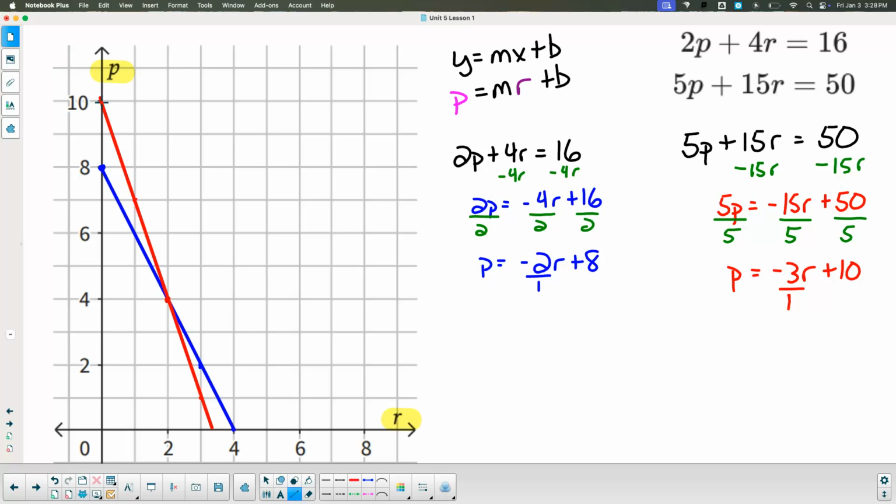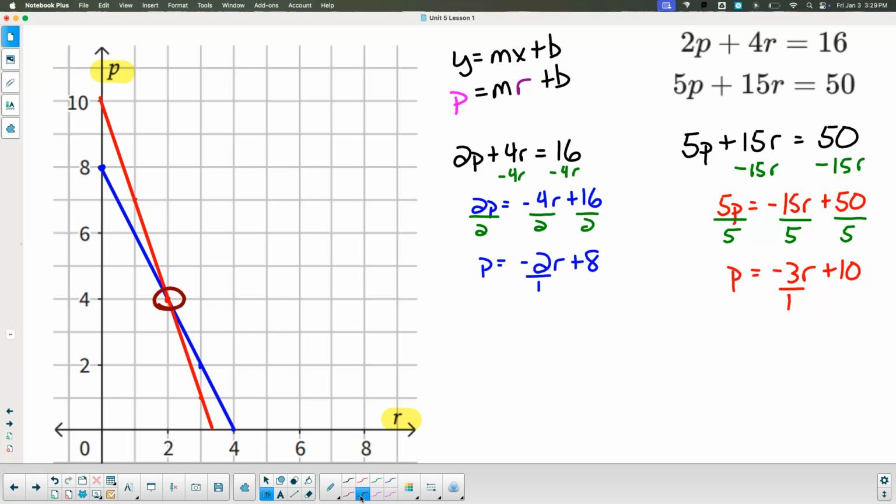Now, where those two intersect, they intersect right here. So that is my intersection point. That tells me the price of each of those two things.